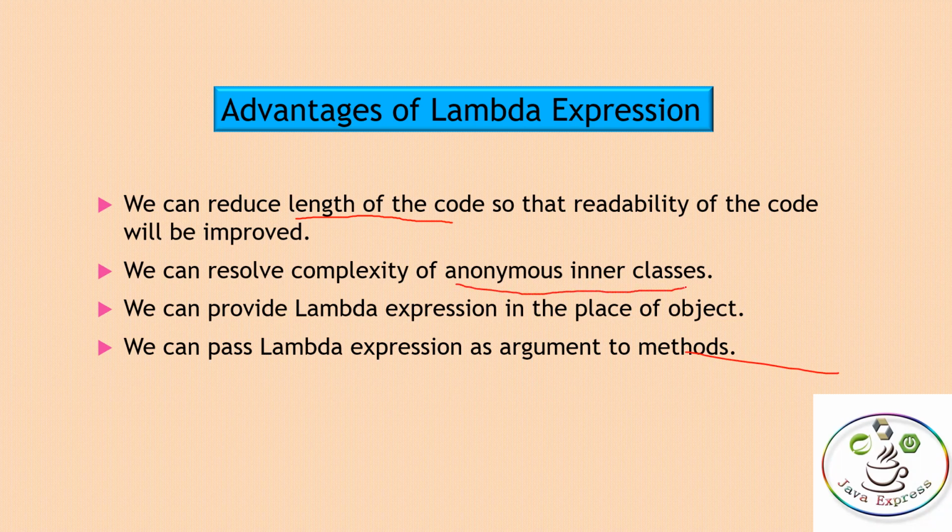Wherever you are seeing anonymous inner class in an interface, if you have an abstract method, we can resolve the complexity. We can provide lambda expression in the place of the object. Even we can pass lambda expression as an argument to a method also here. These are all kind of advantages of your lambda expression.